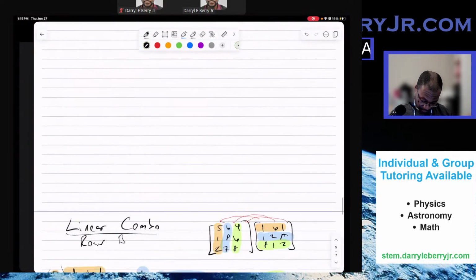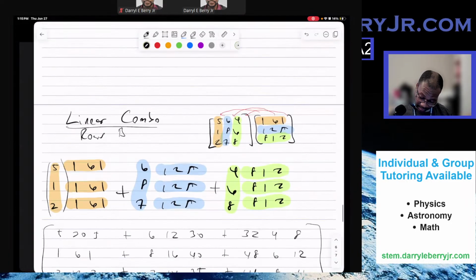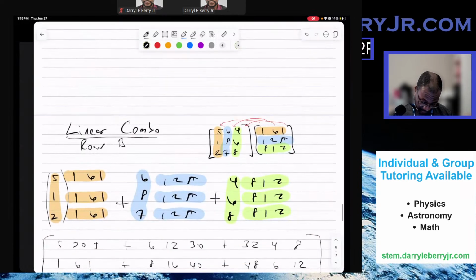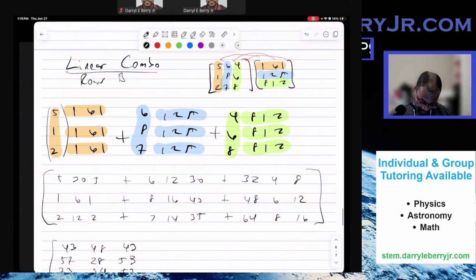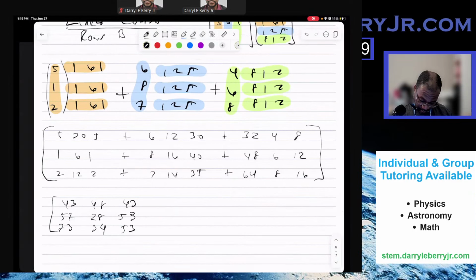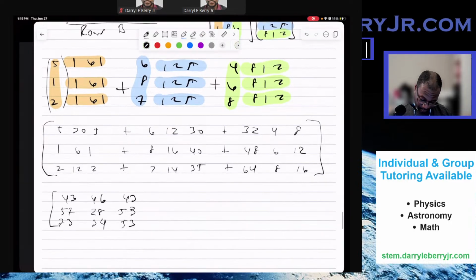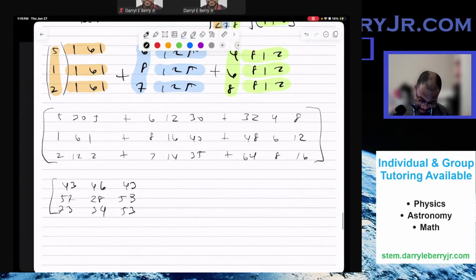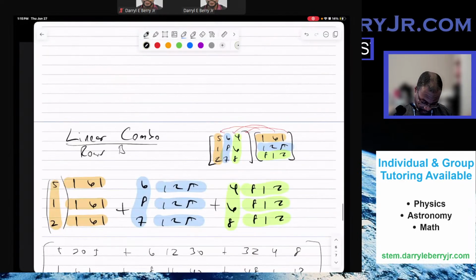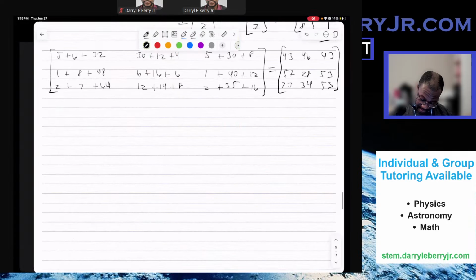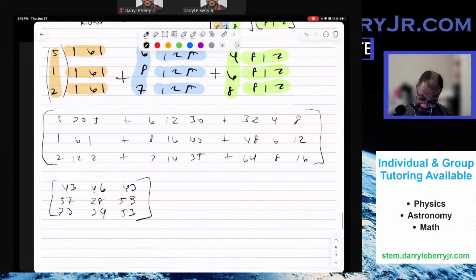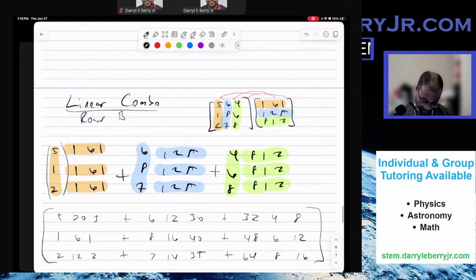Looks like that's it. 43, 46, 43. Oh, well, I have 48 there. Did wrong here. All right, so there's some math mistakes on that one. 43, 46, 43, 57, 28, 53, 73, 34, 53.